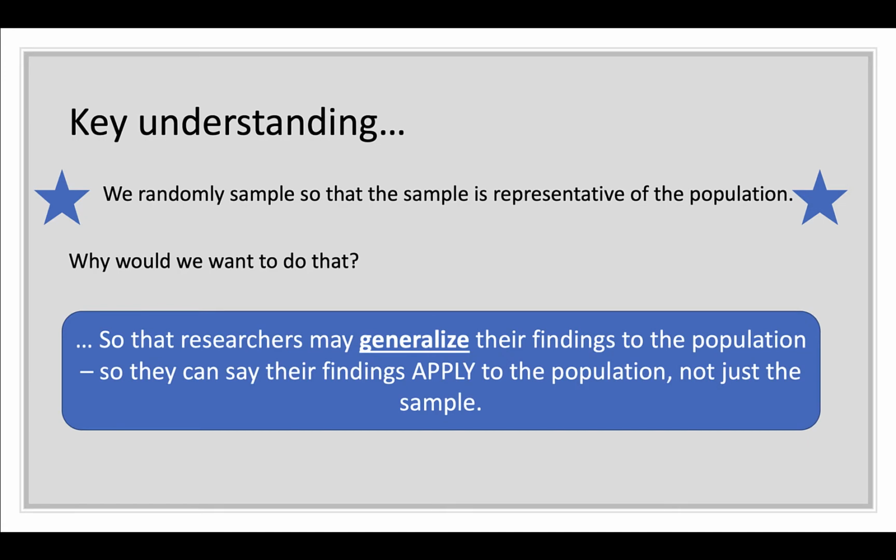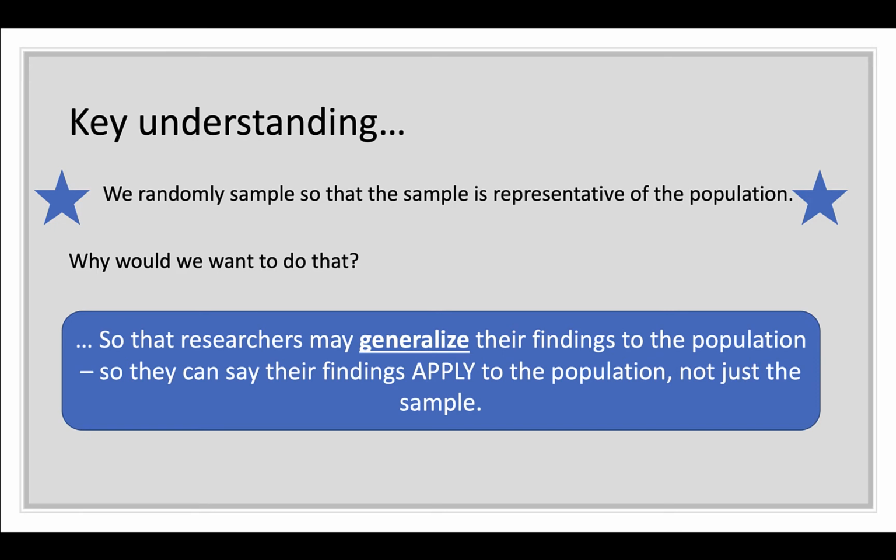So why would we want to do that? Well, because we need to know that whatever study we do, we can generalize the findings to the larger population. So let's say that for some reason we ended up with all female English teachers in a sample. Well, we can't say that that's representative of all teachers at Dover High School, because it doesn't represent males.